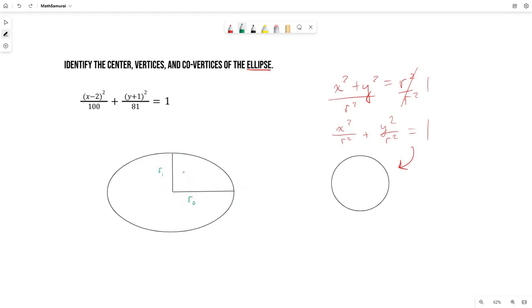We'll see when it comes to the other conic sections why that's important, because we'll have to be concerned about minus values and subtracting and so forth. But for now, we should be okay.